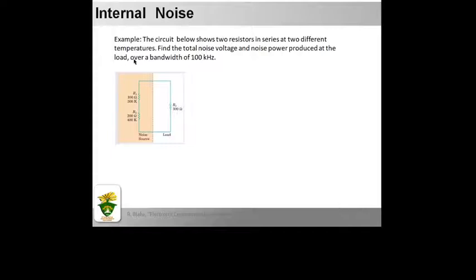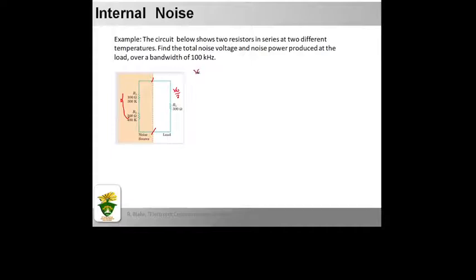Actually, the voltage across this load is just 1/2 of the noise voltage generated by this two-resistor series combination. So first, we have Vin over 2. Let us first solve the noise voltage generated by these two resistors.